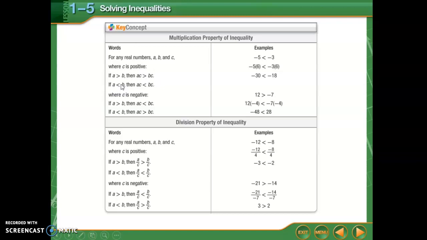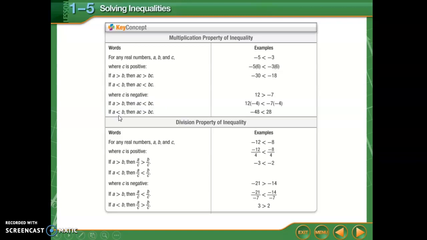The same thing if a is less than b: the product of a and c is less than b times c. However, when c is negative, if a is greater than b, then a times c is going to be less than bc because of the negative sign of c. So you're going to change your inequality sign to its opposite sign.